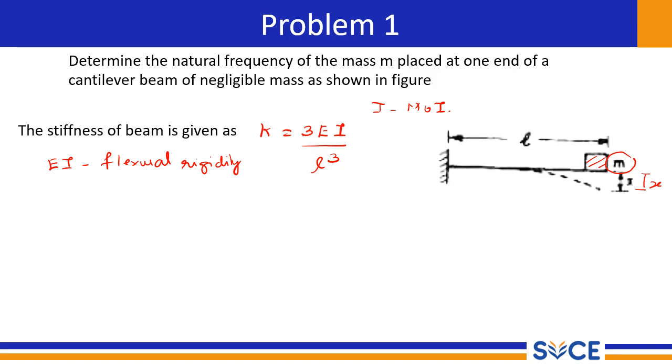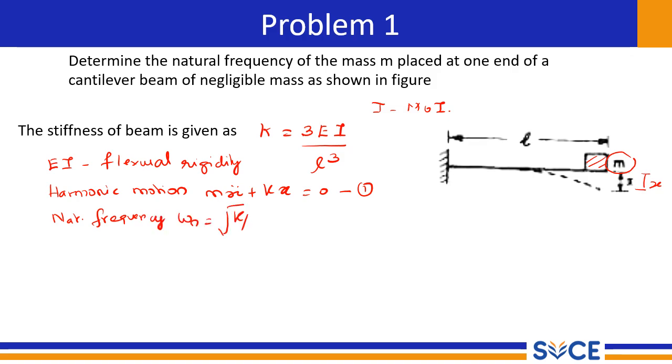We also know from our previous classes that the harmonic motion equation can be written as m x double dot plus k x equal to 0. Using Newton's method or Rayleigh's method, we determine the natural frequency for this equation, that is, natural frequency omega n equal to root of k by m.